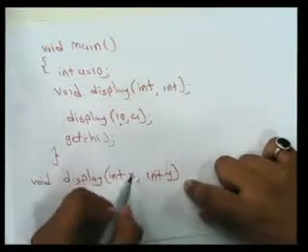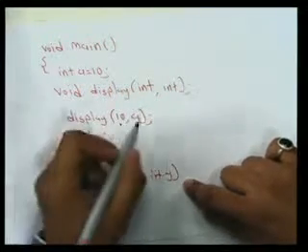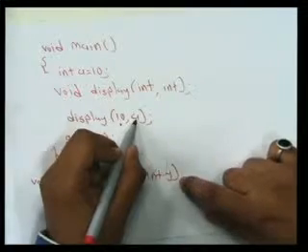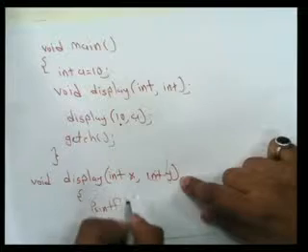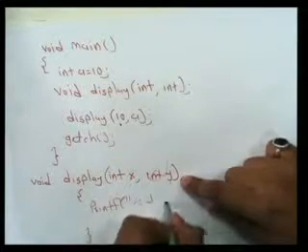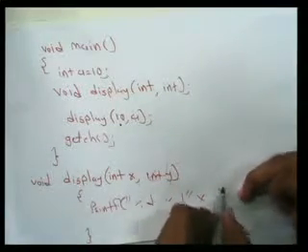x में क्या कॉपी होगा? 10 which is a constant, सो वो कॉपी होगा x में, और a की वैल्यू कॉपी होगी y में. printf %d x, y.